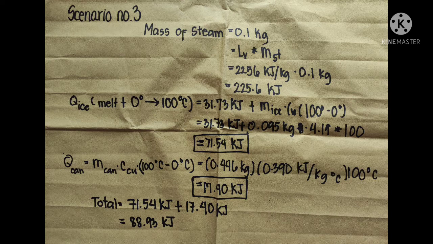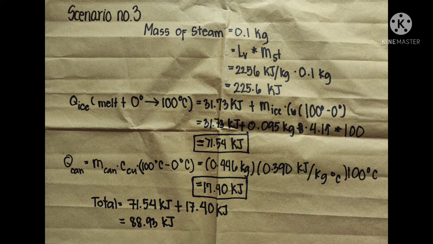So in total, to bring the ice and the can all the way to 100 degrees Celsius, we need the sum of these two, 71.54 kilojoules plus 17.40 kilojoules, which is 88.93 kilojoules.